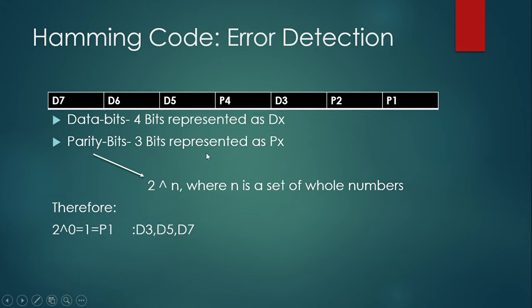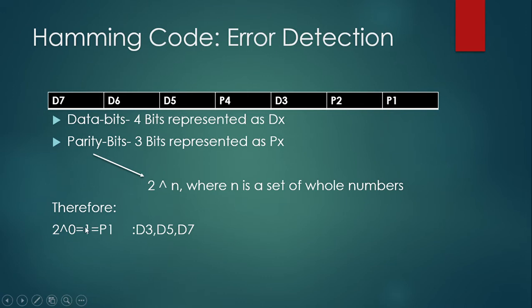Now, what values should I put for these parity bits? At the start, the data bit values are correct. You're sending the message, it's changed into ones and zeros, and then they're put over here. But P4, P2 and P1 are generated by us, or to be more precise, by the Hamming code algorithm.